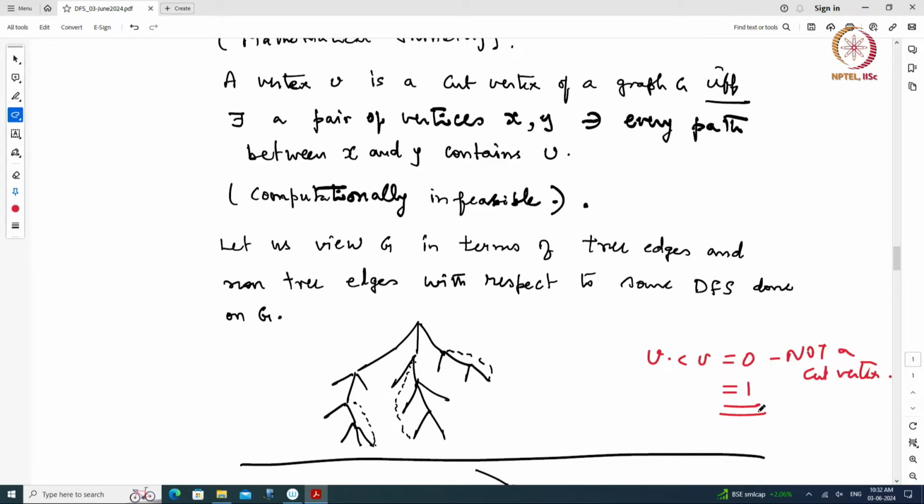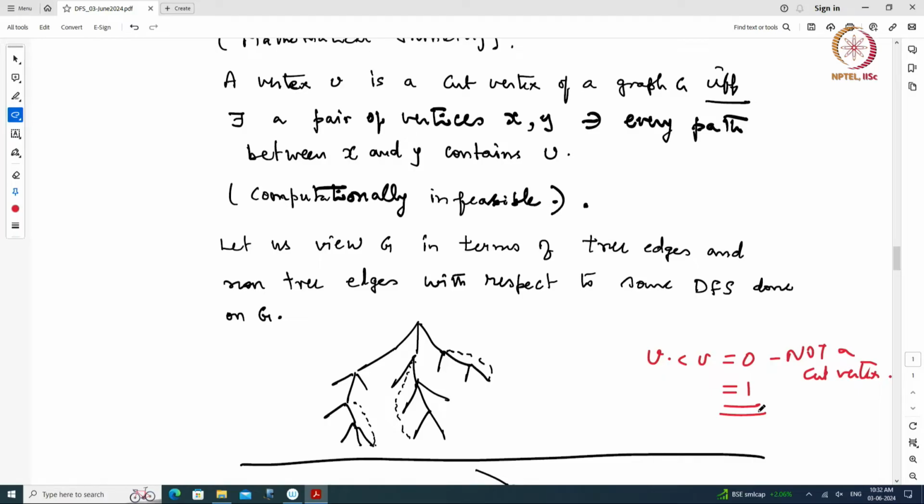It is a beautiful theorem, and nice proof of this is also available.